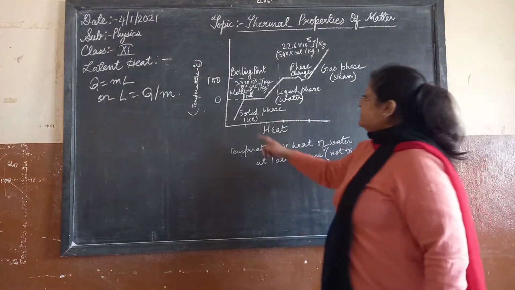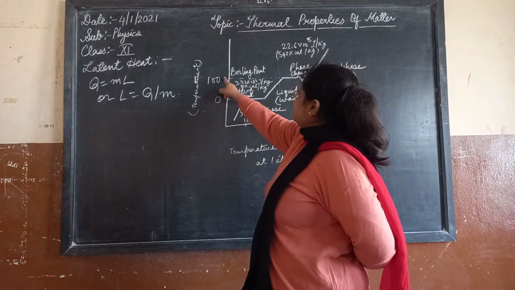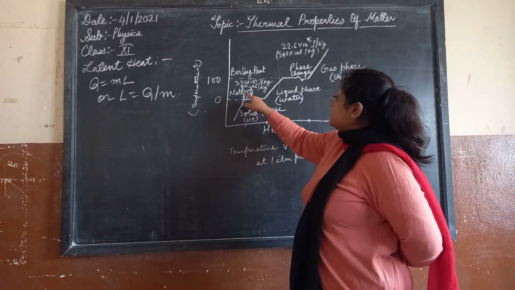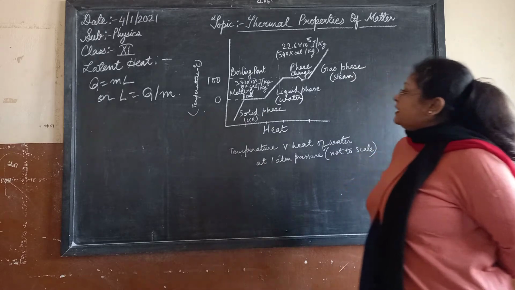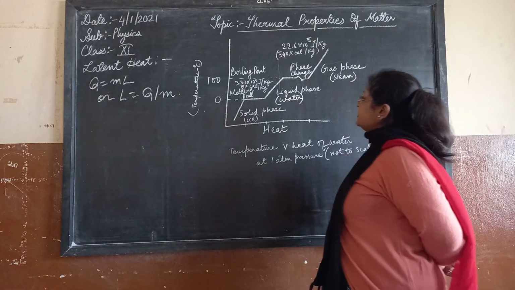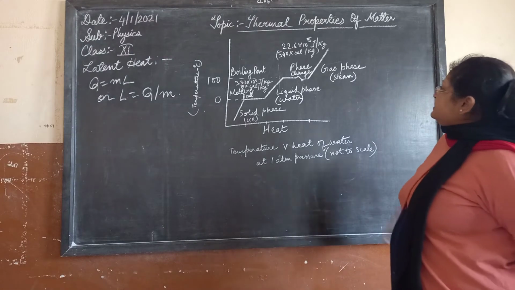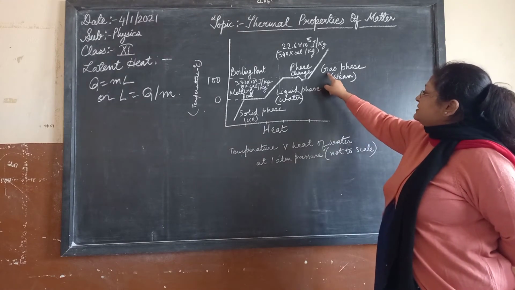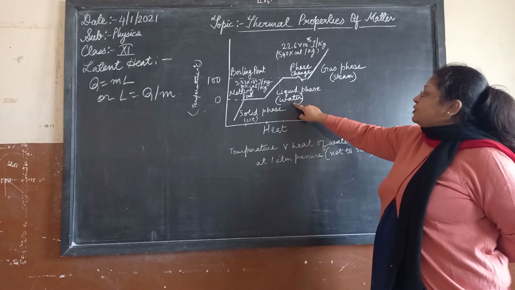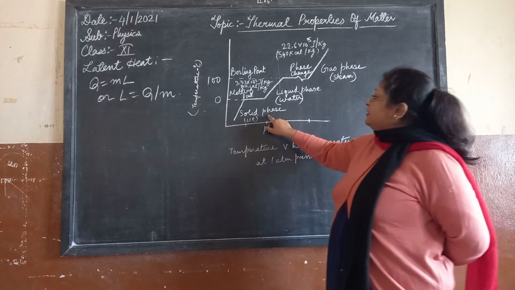we have 0 degree to 100 degree centigrade, where 0 is the solid phase of ice, its melting point, 0 degree. From 0 degree centigrade to the boiling point 100 degree centigrade, it will change into the gaseous phase. In between these two limits, there is the liquid phase of water, and below 0 degree centigrade is the solid phase of water.